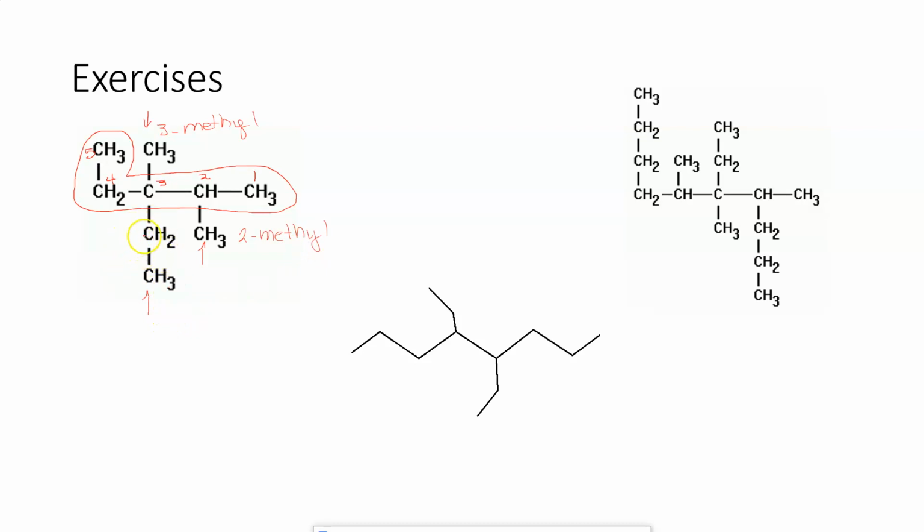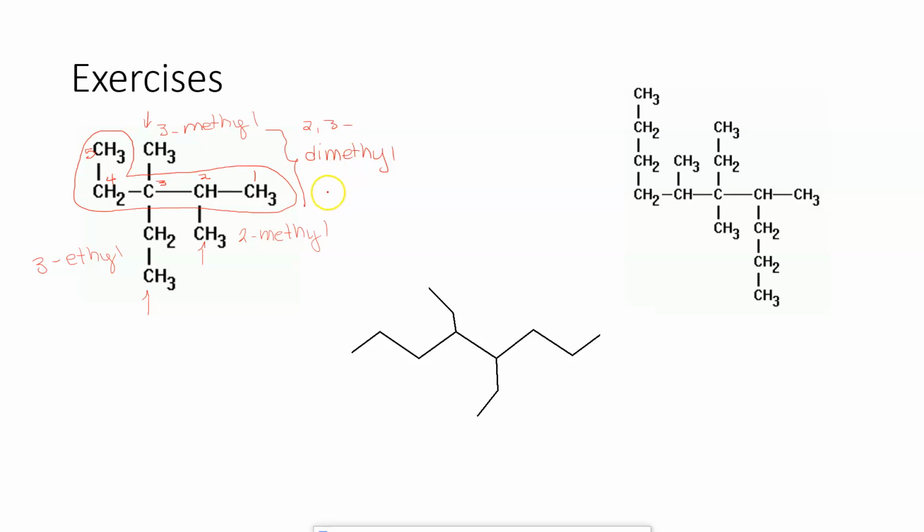And over here, I have a substituent with 2 carbons. So this is an ethyl, right? And it is in position 3. Okay? Now remember, these two are the same methyl. So I can say this is a dimethyl. Okay? And they are in position 2 and 3.